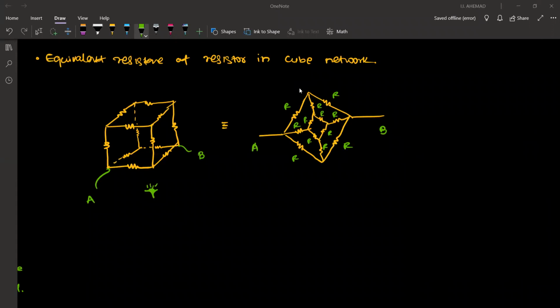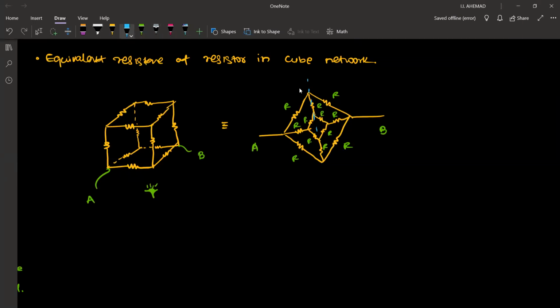Still, we don't find anything in series or parallel, but we must be able to solve now using symmetry. So you can consider a symmetric axis like this. Or let's first consider a vertical symmetry. What do you say?